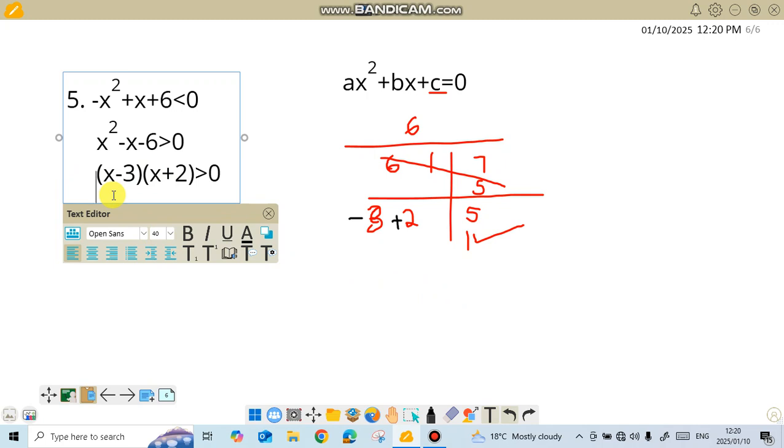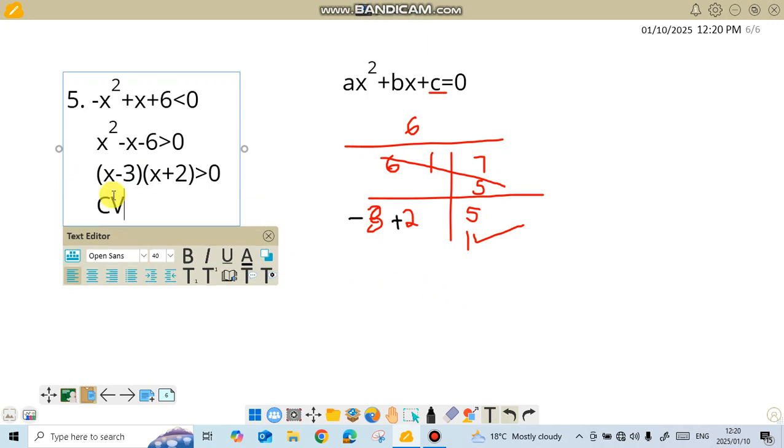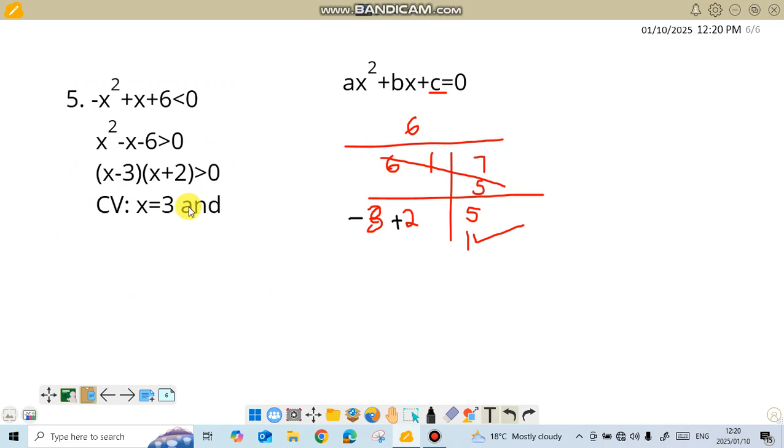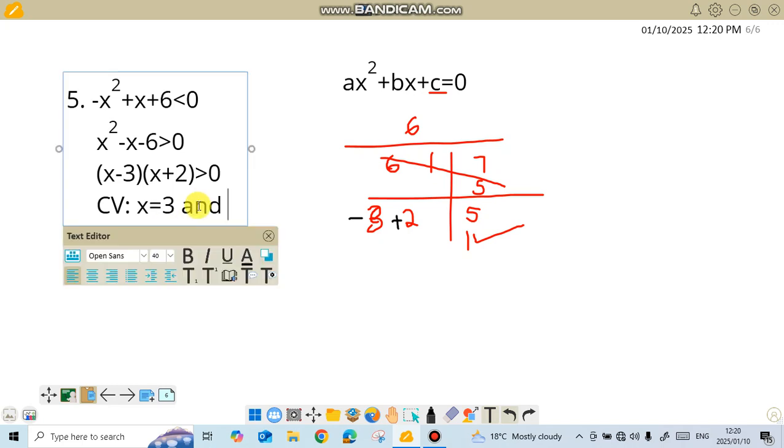So critical values: x equals, when you take negative 3 to the other side, it becomes positive 3, and x equals, when you take a positive 2 to the other side, it becomes negative 2.